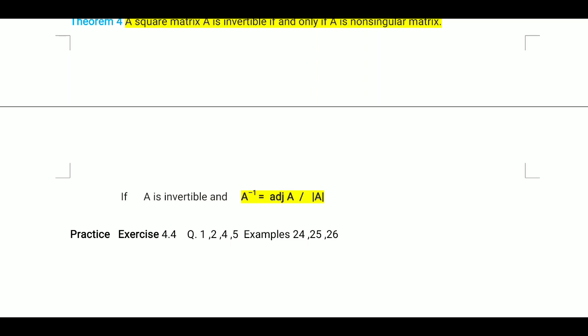So this is one more application of determinants. Now you have some examples, solve them, see them, understand them, note them, and some small questions from exercise 4.4. So solve them.